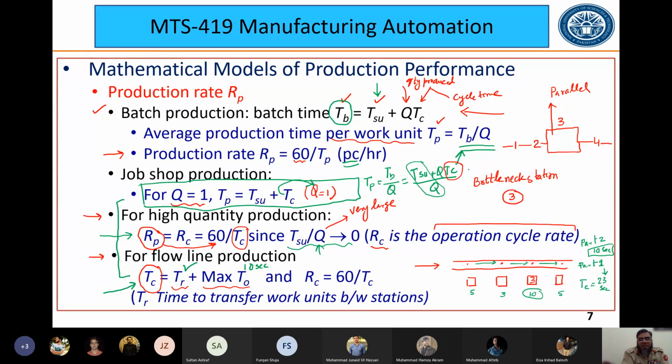ये मेरा बॉटलनेक स्टेशन होगा। आगे बॉटलनेक स्टेशन जो हमने डिफाइन किया था, सो ये बॉटलनेक स्टेशन होगा। सो मैक्स TO विल बी माय बॉटलनेक स्टेशन एंड TR विल बी द टाइम टू ट्रांसफर द यूनिट बिटवीन देम। फ्लो लाइन प्रोडक्शन की बात हो रही है। सो फ्लो लाइन प्रोडक्शन का जो साइकिल रेट है या प्रोडक्शन है, दैट विल बी गिवन बाय दिस फॉर्मूला, जिसमें कि TC will be given by this, which is TR.